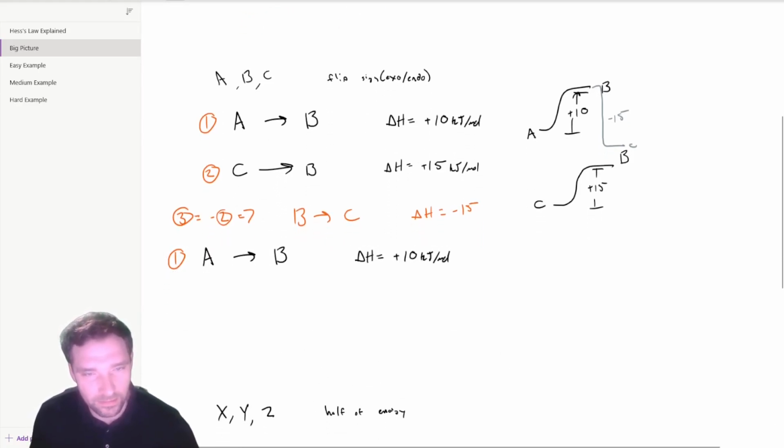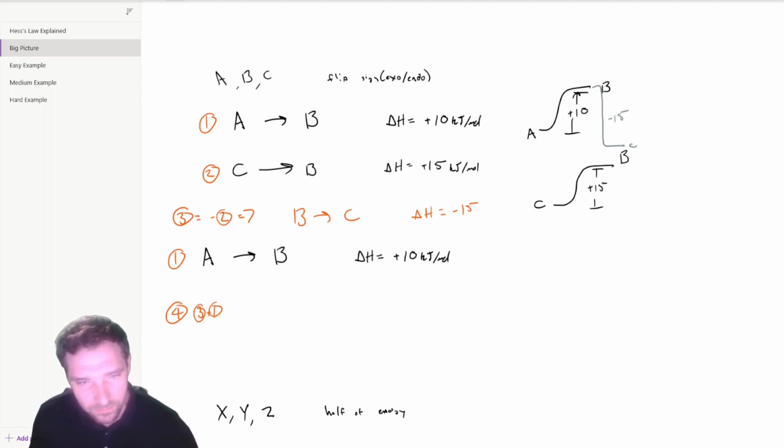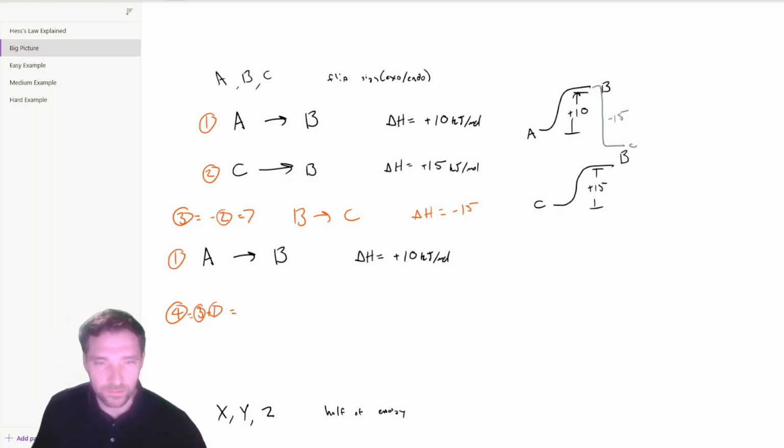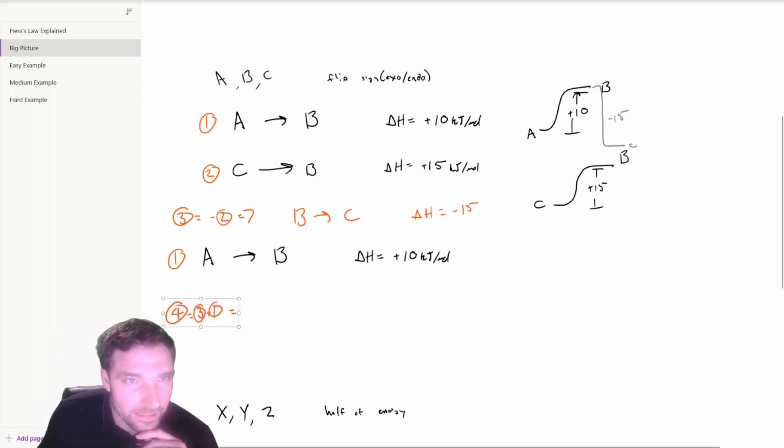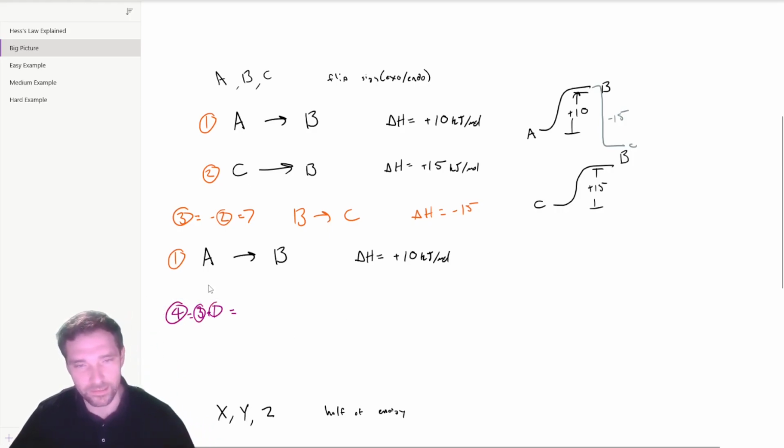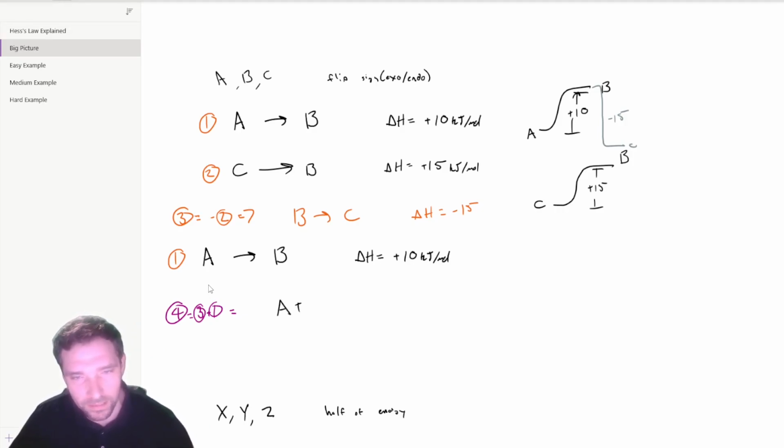I'm going to call that line 4. Line 4 is going to be line 3 plus line 1. And when we do that, we end up getting something that's going to be more appropriate to combine. So if we have A now being combined with B, that's these two right here, those are our two reactants.